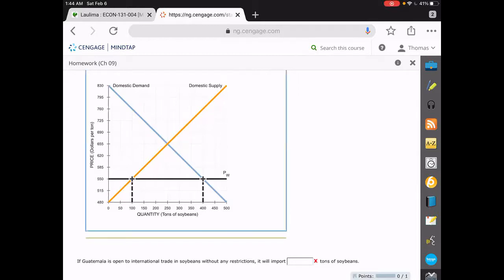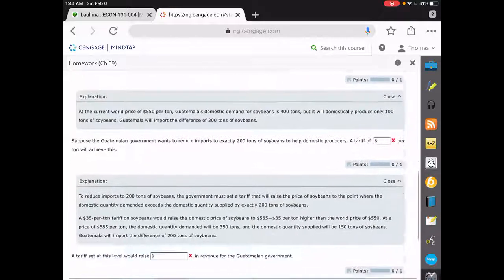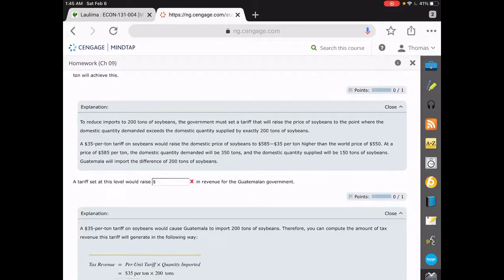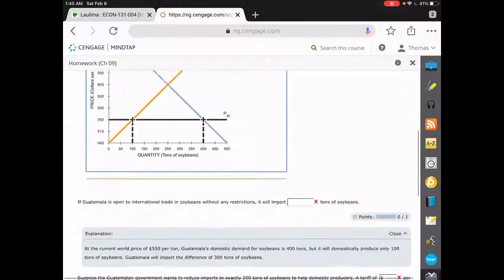So at 585, we're now talking about the difference between 150 and 350, which is 200. So they would need to have a $35 tariff. How much would that bring in? That's going to be your 35 times the 200 tons for the 7,000.